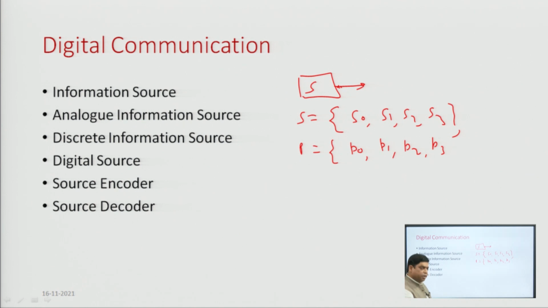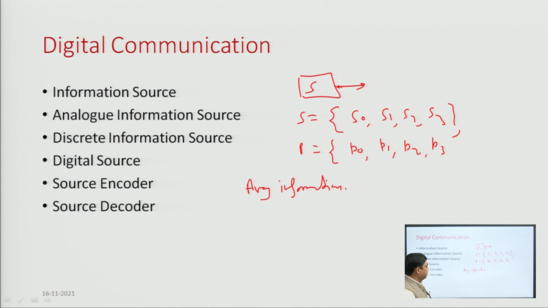Before going into detail on entropy, we can discuss how we calculate the average value. Suppose we have to find the average value of the information, the average information, for the given source.